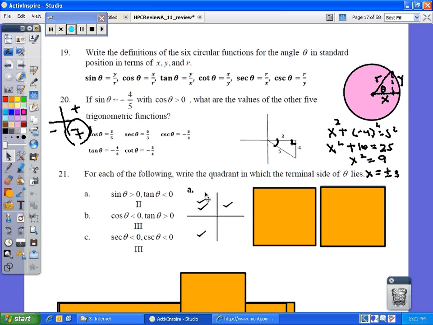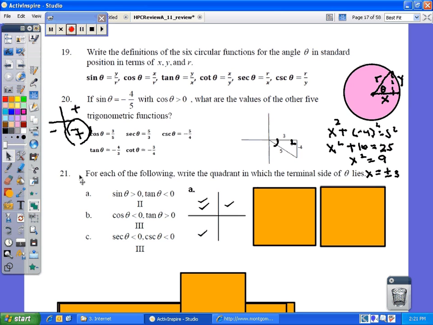So there's a mistake here. First and second, second and fourth. This should be in the fourth. Oops, let me fix this, guys. Second and fourth. So negative here, positive for sine here and here. So it's the second quadrant in which both of these conditions hold true.